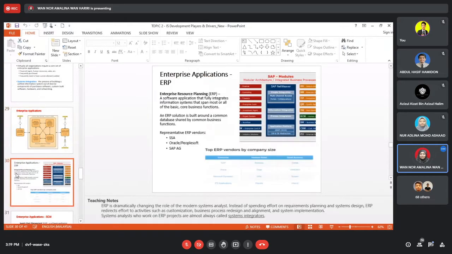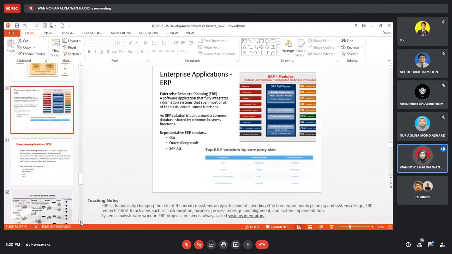Okay. Alright, so ERP is a software application that integrates IS that span most or all of the basic core business functions. Okay, and the representative of ERP vendors, contohnya ada SSA, Oracle, PeopleSoft, and SAP. This is the most common one, right?